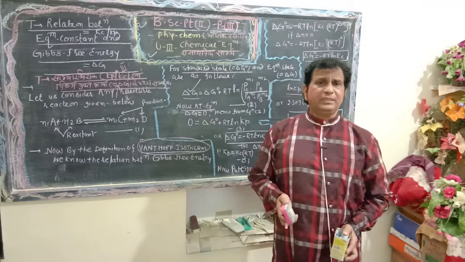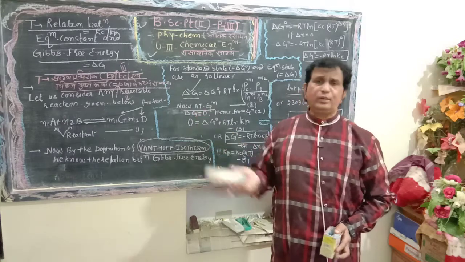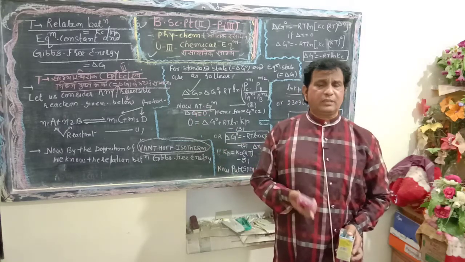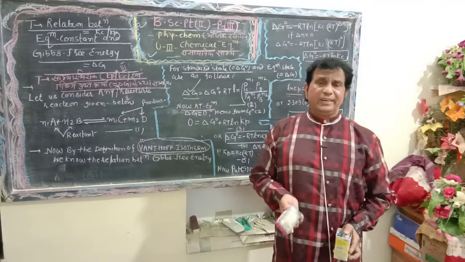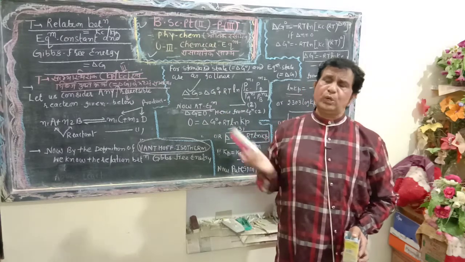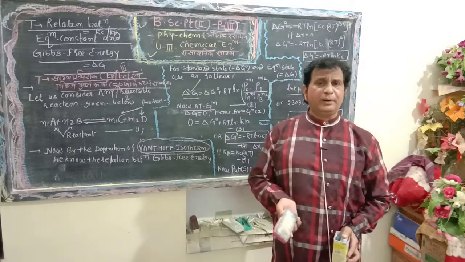In physical chemistry, Unit 1 is thermodynamics 1, Unit 2 is thermodynamics 2, Unit 3 is chemical equilibrium, Unit 4 is electrochemistry 1, and the fifth and last unit is electrochemistry 2.